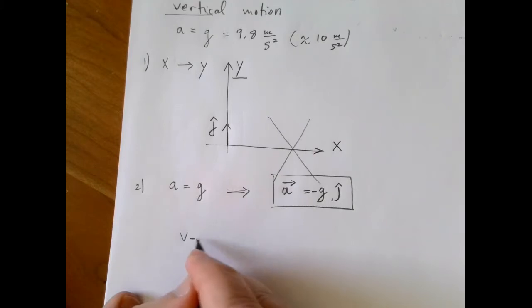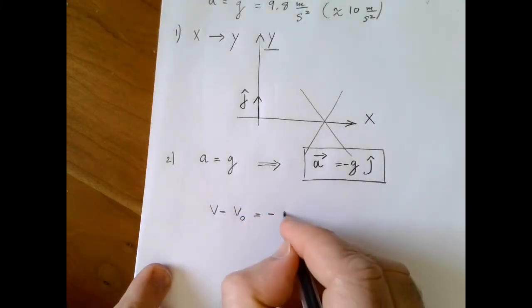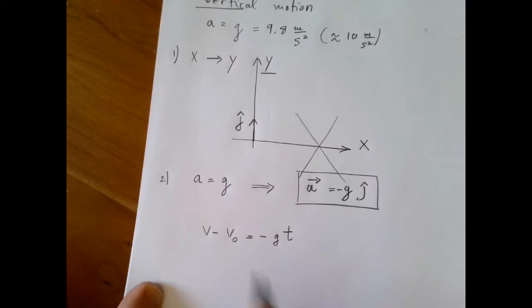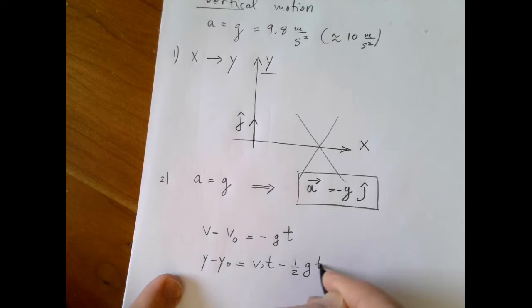So our kinematic equations become v minus v0 is equal to negative gt. I replaced a by negative g. y minus y0 is equal to v0t minus 1/2 gt squared.